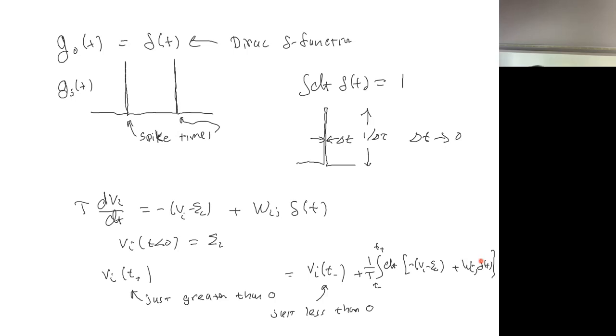So this is equal to E_leak plus W_ij over tau. What happens is the voltage jumps up and then decays.